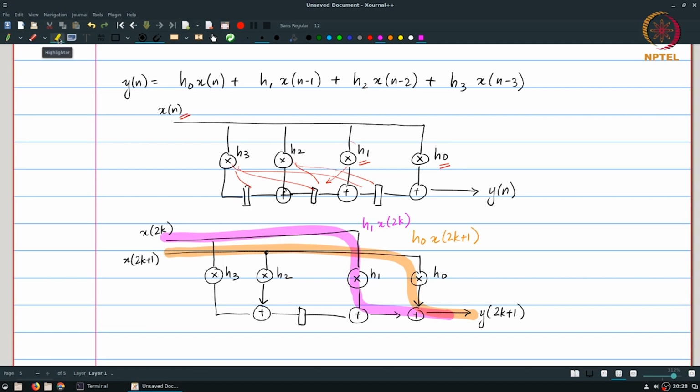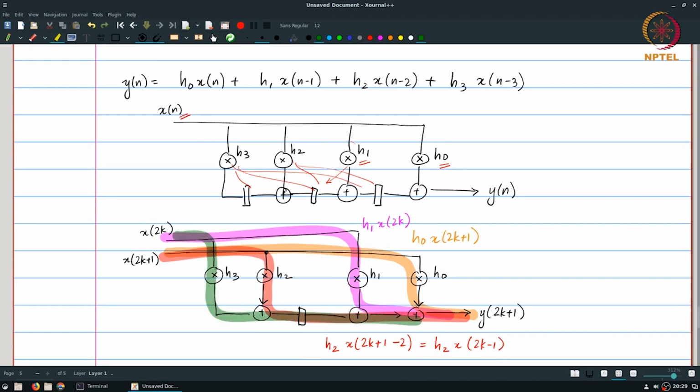The next path would correspond to h2 x of 2k plus 1 minus 2, which is equal to h2 x of 2k minus 1. And lastly, this path out here would essentially correspond to h3 x of 2k minus 2.